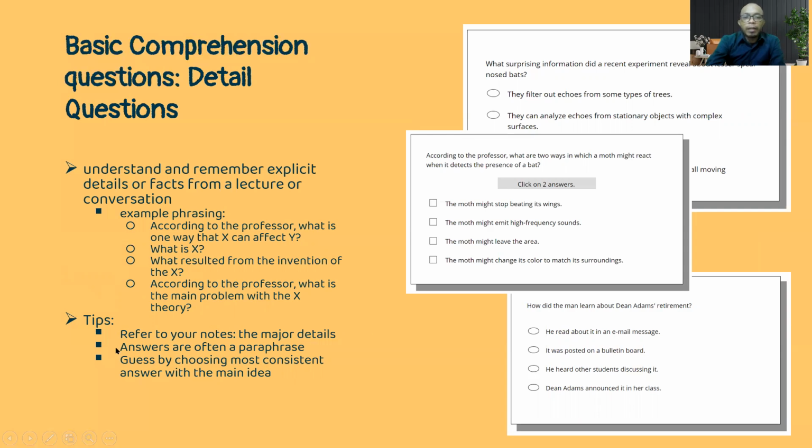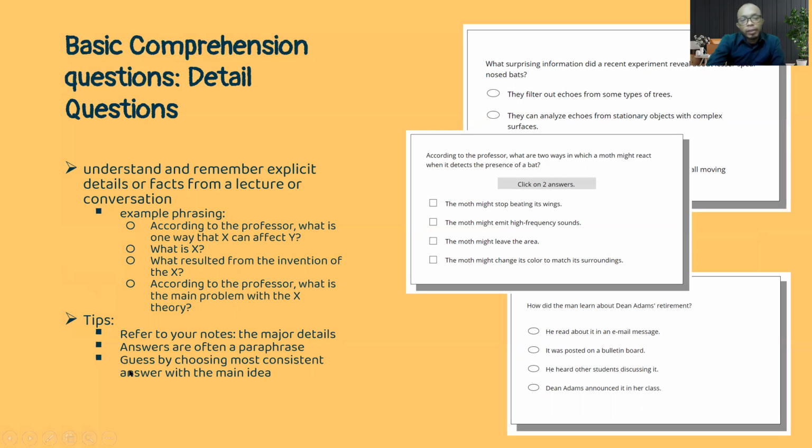And be careful because the answers are usually using different words with the same meaning or point as what you hear in the lecture or conversation. In fact, be careful if you see something that is too similar, almost the same but different from what you hear, because that is usually a wrong answer, a trap, okay?